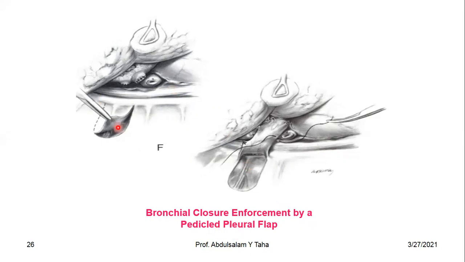So here, a flap of the pleura, sometimes a flap of intercostal muscles or pericardial fat is used to cover the bronchial stump, okay, in order to minimize the chance of bronchopleural fistula.